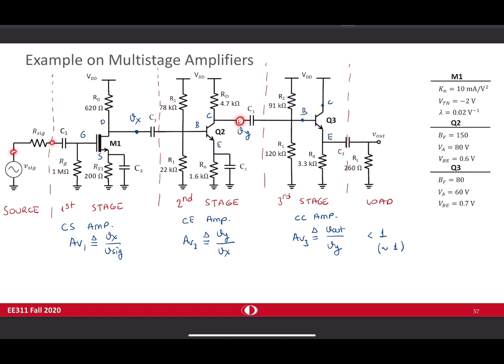You cascade two high gain amplifiers next to each other, so from here to here, you expect a very high gain. The last stage does not introduce a significant gain, but the thing is, your load resistance is a low resistance. You have a load of low resistance.